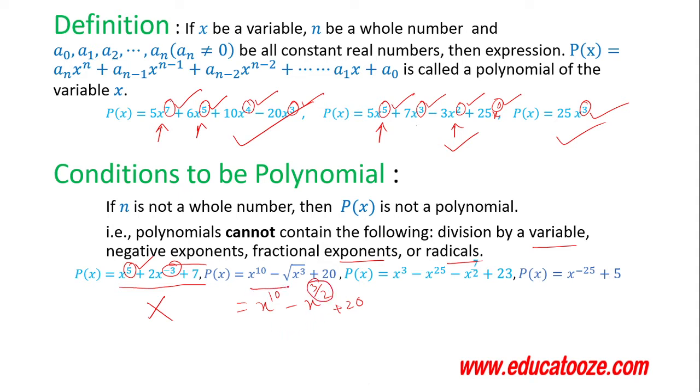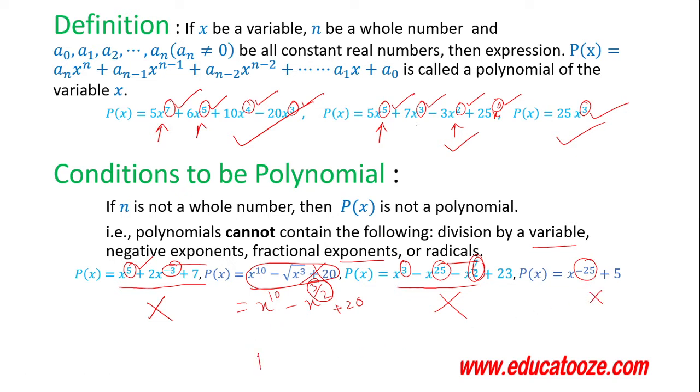That means this particular algebraic expression is not a polynomial. Now if you take this example, the power of this variable is a whole number, the power of this variable is also a whole number, but what about this power? This power of the variable is not a whole number. So this particular algebraic expression is not a polynomial. Now if you take the next example, also the same, the power of this variable is not a whole number. So this is not a polynomial.